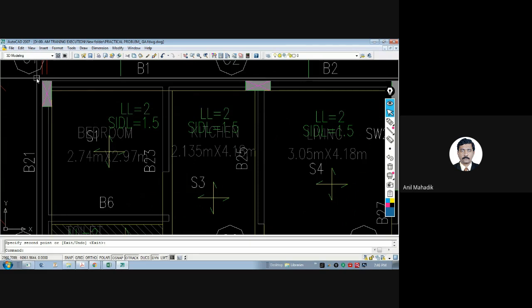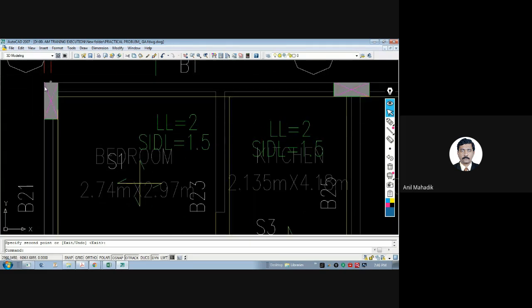So everything is clear. You can see this outer line is just matching with the column. Then our beams are also exactly below the walls. So each and every dimension is accurate here on AutoCAD. That's why I am taking these column positions from the AutoCAD itself.